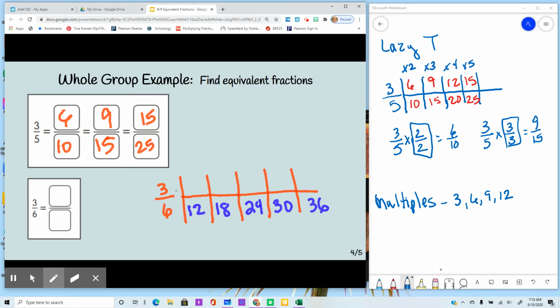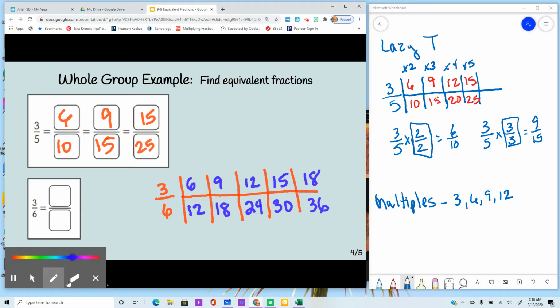Now I'm going to count by threes. 3, 6, 9, 12, 15, and 18. All of these fractions, 6/12, 9/18, 12/24, 15/30, 18/36, those are all equivalent fractions to 3/6.